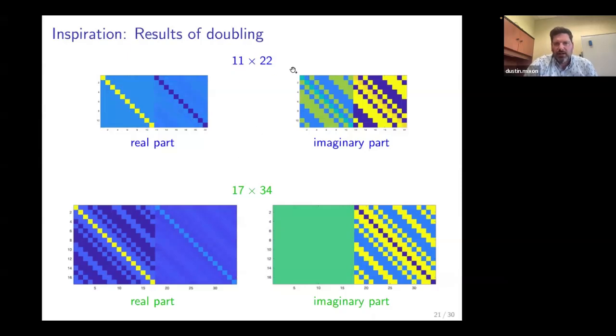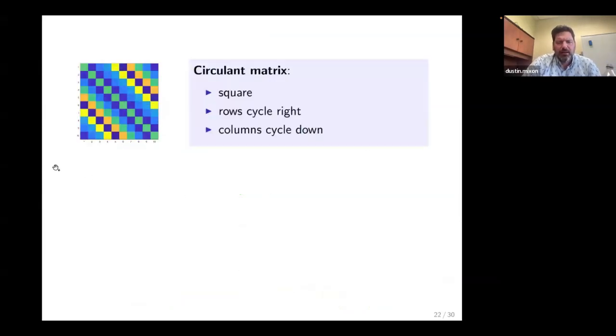Okay, so 11 by 22, this was the first example of a new ETF of this size that came from doubling, and it has this emergent structure. And then 17 by 34 was the first new example that came from doubling a conference graph.